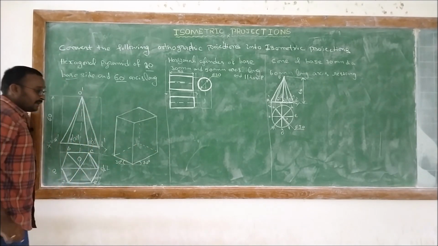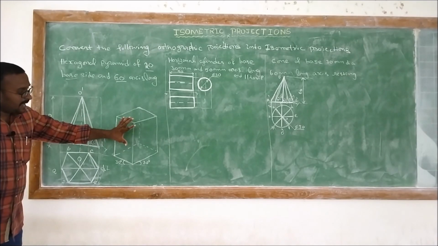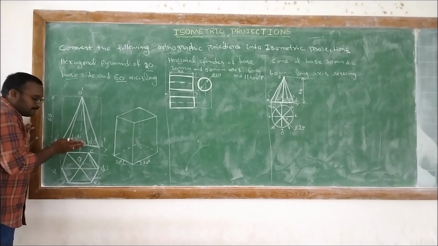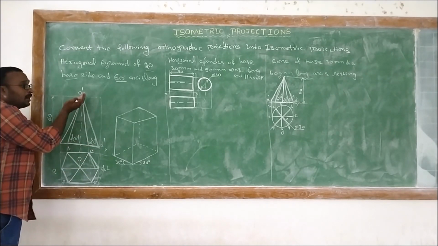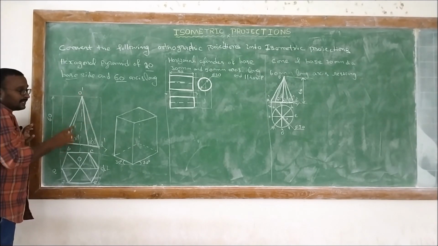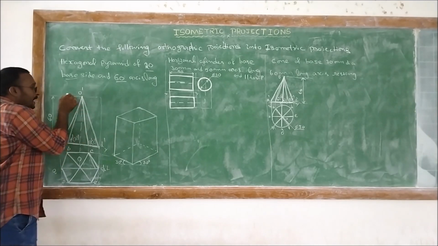In earlier problems both surfaces had the same shape, but in a pyramid we don't have the same surface. The bottom surface will be a hexagon, and the top surface will be a point, that is the apex point. So first we must mark the apex point.